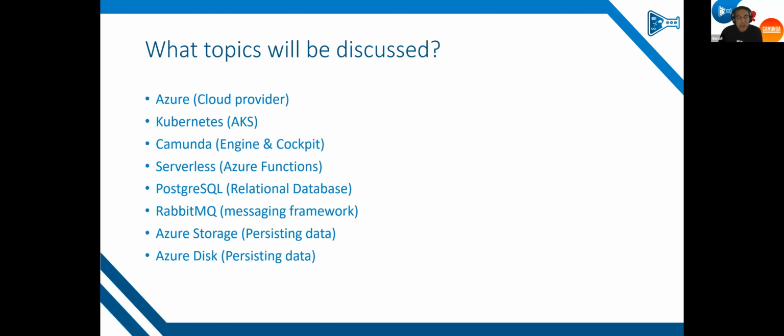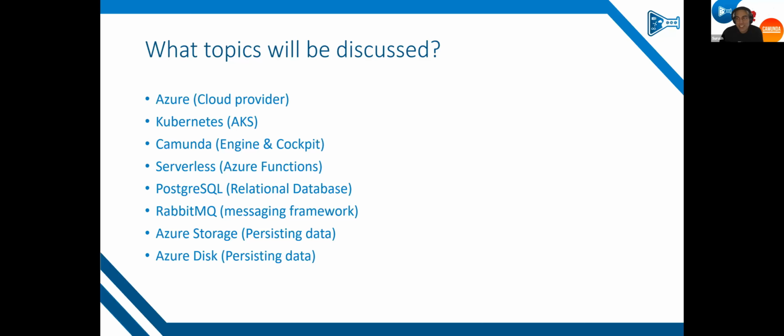So, going back to this, what will we discuss? Well, I gathered all the components that we need. So we will be using Azure. We will be using the managed solution for Kubernetes, AKS. We will be using Camunda, the serverless architecture with Azure Functions.